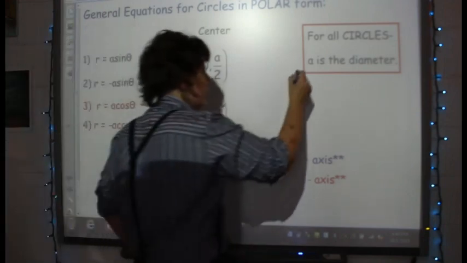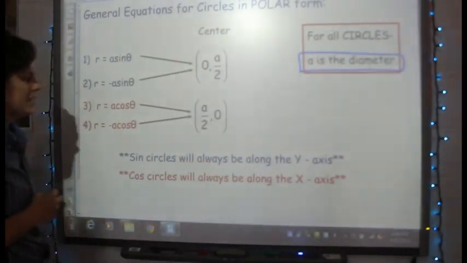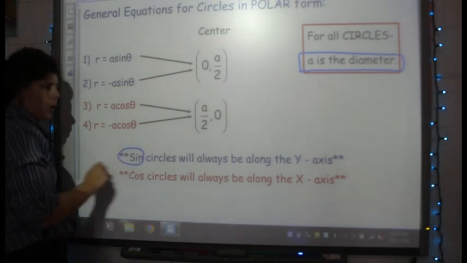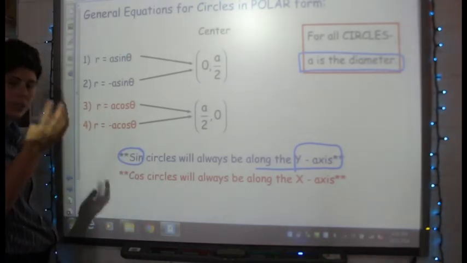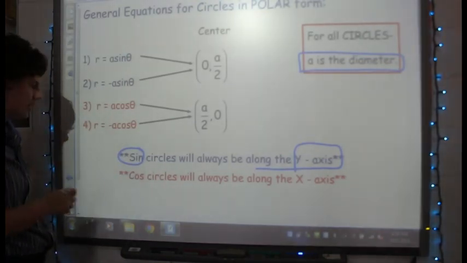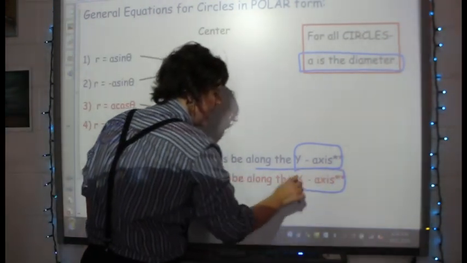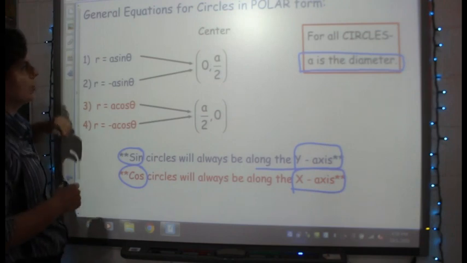Notice the a value is always the diameter. Sine circles will always be along the y-axis because sine is the y-coordinate. And any of them that have a cosine in them will always be along the x-axis because cosine is the x when we're talking about our unit circle.